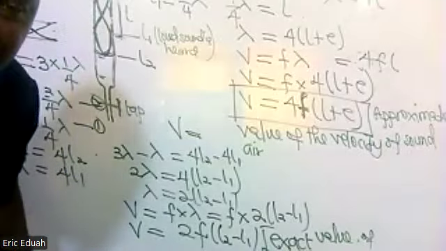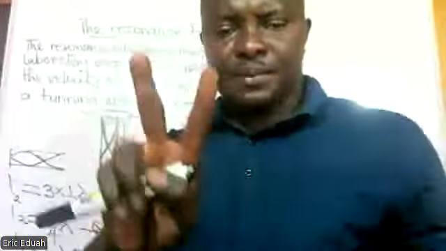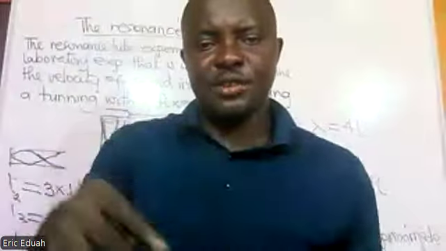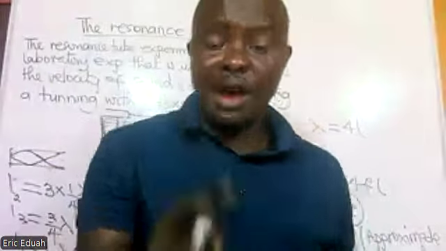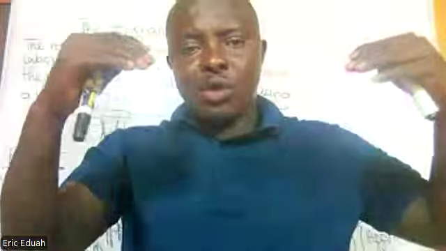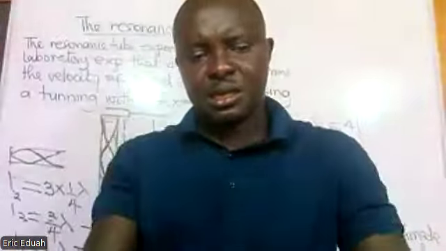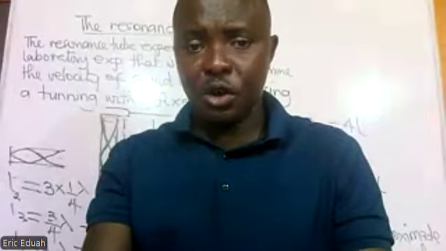Because over here, you see, in practicals, the reason why we take 2 readings and then later determine the average is that by considering 2 readings and finding the average, it minimizes the errors involved here.